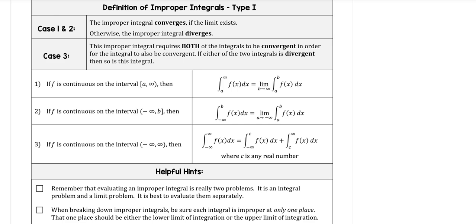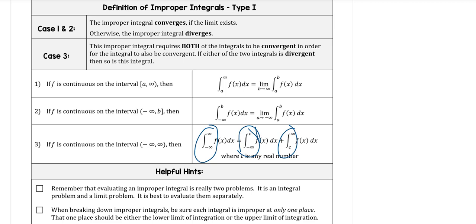Then the third case is the improper integral requires both of the integrals to be convergent. So we're going to look at that case later. If you look below here, this is the idea of case 3, where both limits are infinity and negative infinity. So we divide that up by picking a value in that region that's well defined and splitting it up into two separate case 1s.